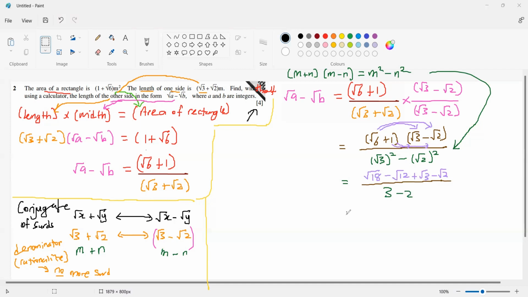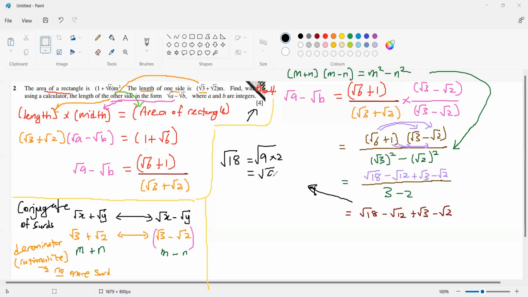You notice that? And regarding this root 18 minus root 12 plus root 3 minus root 2, at first it looks like something that cannot be simplified. We just use a bit of a surd trick here. Please take note. I just do it in this box. You can write working like that. It's not an issue, as long as it's clear which part it is. So 9 times 2 like that.